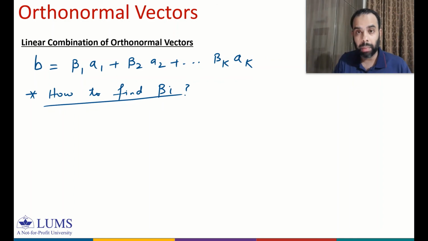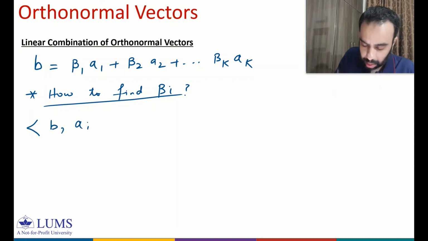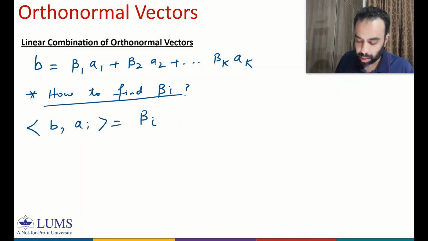Due to orthonormality, we can find this beta i by simply taking inner product of vector b with ai, or by projecting b on ai. That is, if you project b on ai, what you get is beta i.